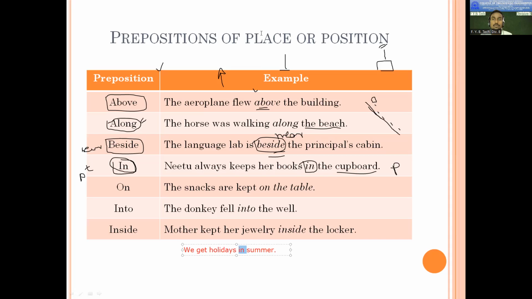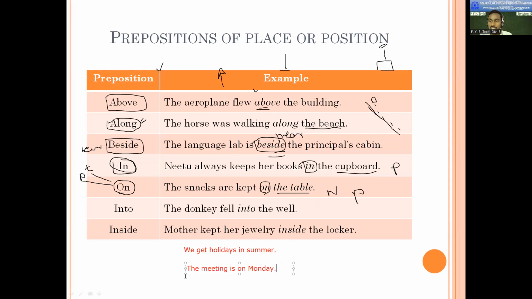Then we can go for another example, and this is the preposition on. With on also, it is the same: on can be used to show time, and on can be used to show place as well. The snacks are kept on the table. The table is a noun and the preposition on is used, so it is showing place here. But we can use another example of on: the meeting is on Monday.